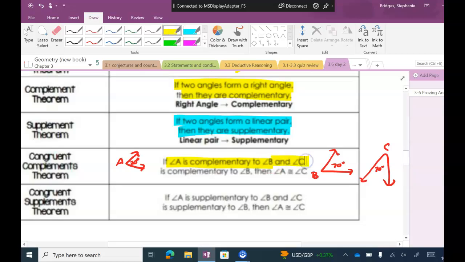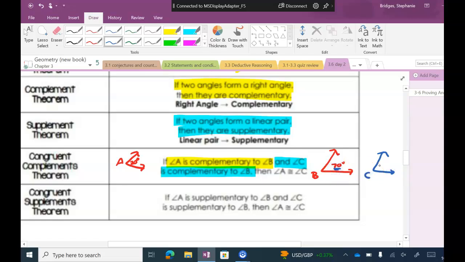Then what that tells me is that, oh, I just read that wrong, my bad. I didn't finish reading the sentence. So it says, if A is complementary to B, sorry, y'all. Erase all that. And then it says that C is also complementary to B. So what would C have to be if it's complementary to B? B is 70.